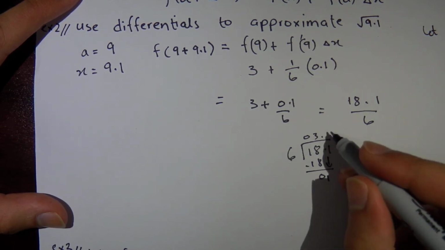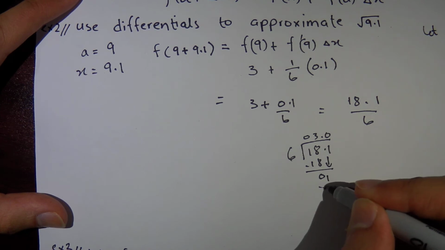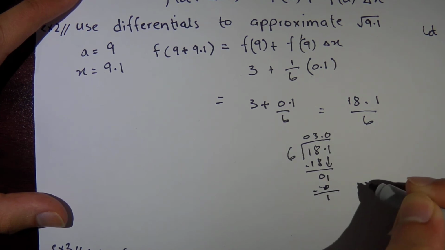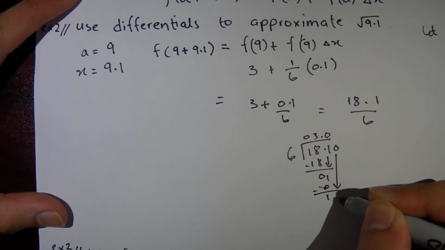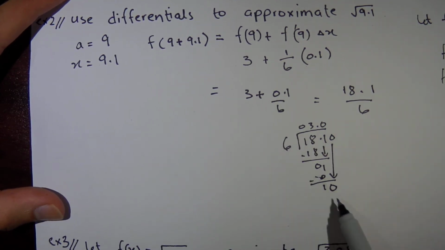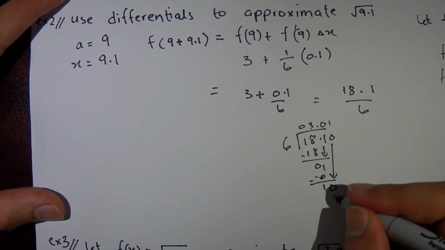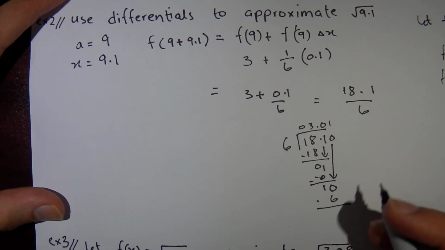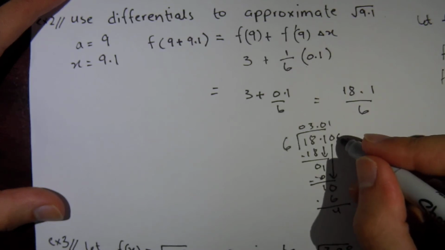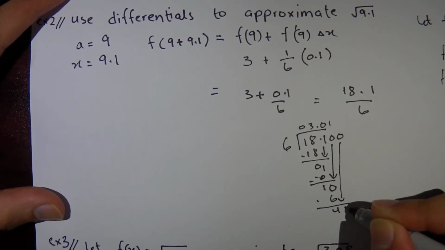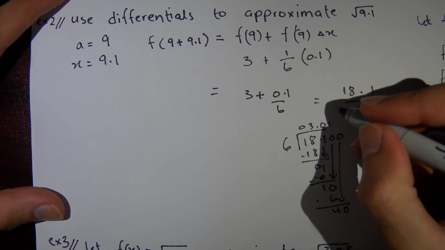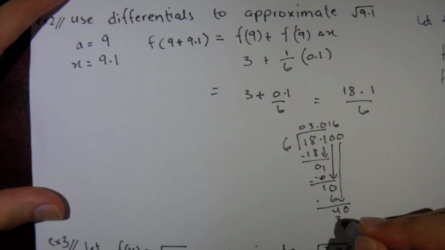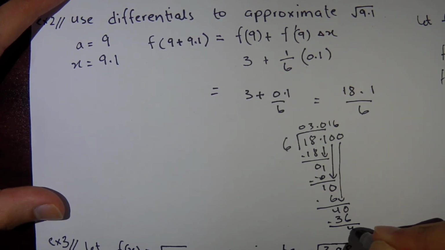6 goes into 1, never. So we've got the 1 remaining. We get a 0 down since we're after decimals. 6 goes into 10 once. Subtract it from 6. Remainder becomes 4. Get another 0 down. 6 goes into 40 6 times, which will give us 36. We get another 4.